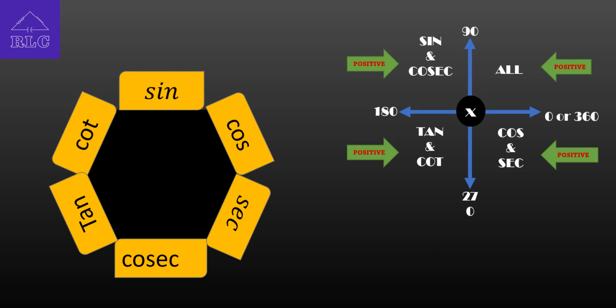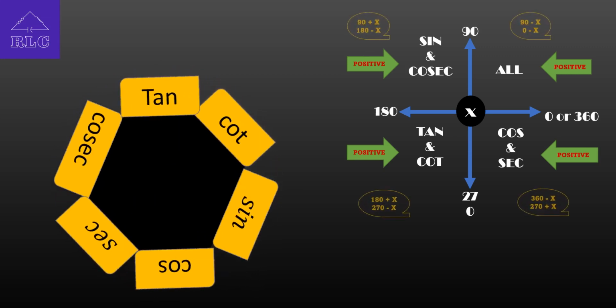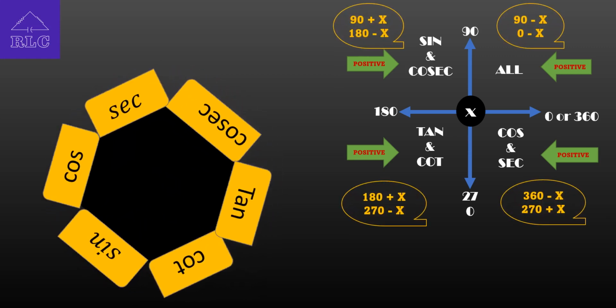Now let us see how the functions will change according to the sign convention. So here I made an easy circle for you, which has sine, cos, secant, cosecant, tan and cot. Let us observe how sine and cos will change accordingly.